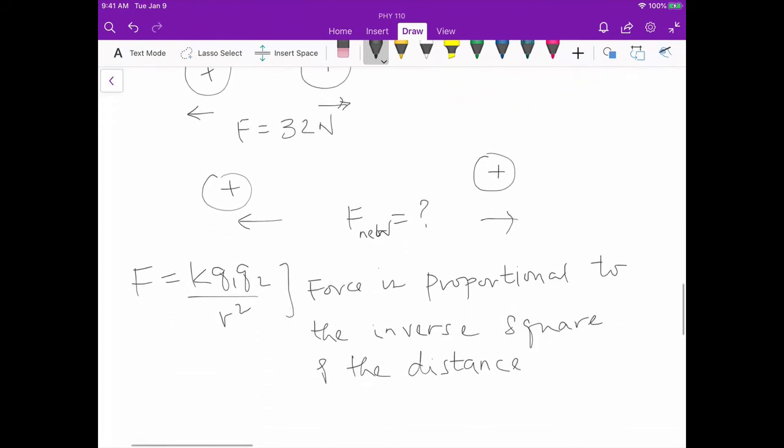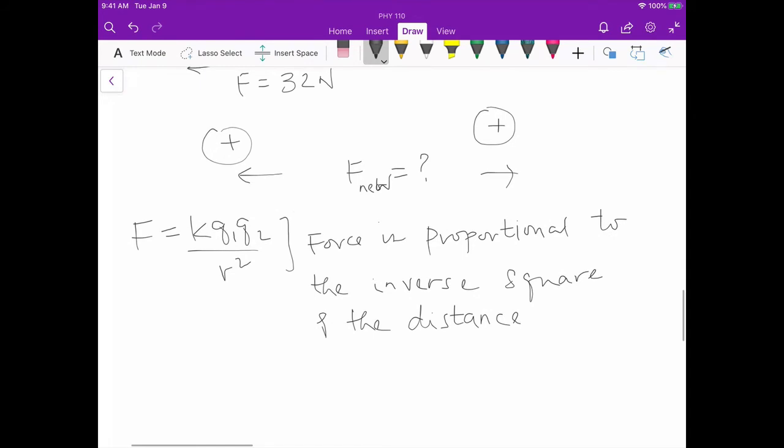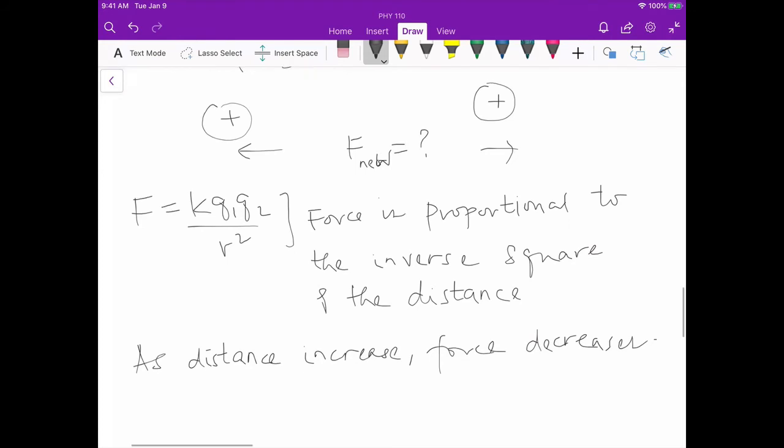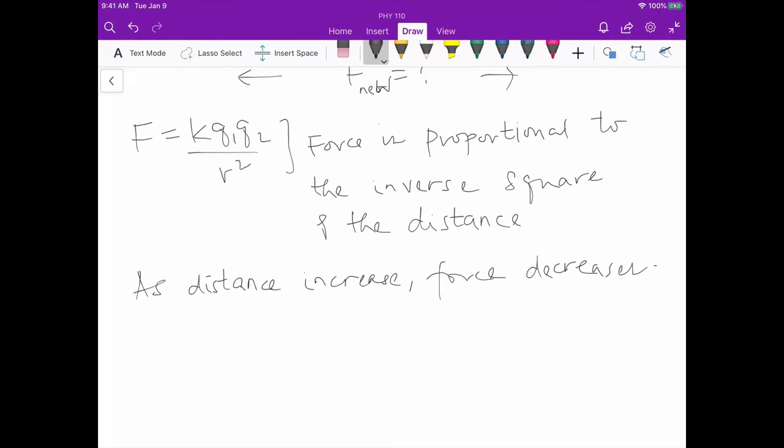So you can see that as distance increases, force decreases. But how does it decrease? As we said, it decreases by the inverse square of the distance.